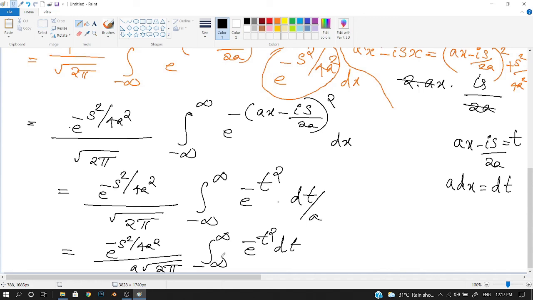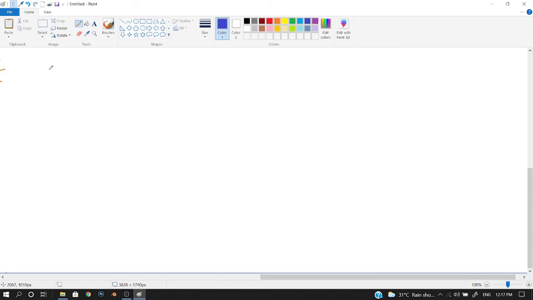Now we know the value of this integral. This integral is root pi. So instead of that you can substitute root pi. So that is equal to e raised to minus s square divided by 4a square divided by a into root 2 pi, then into root pi.